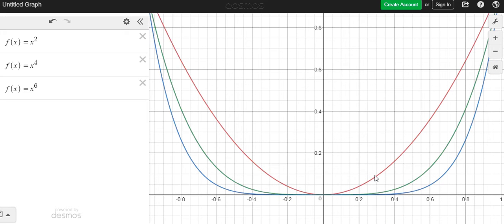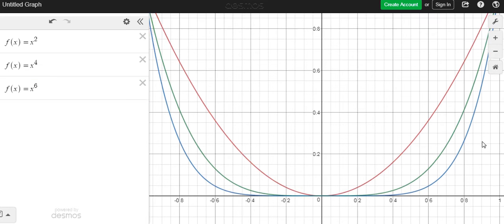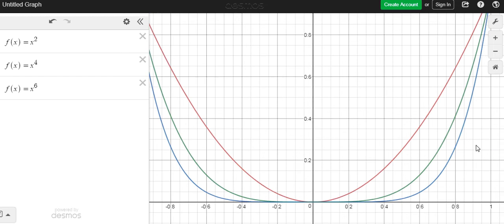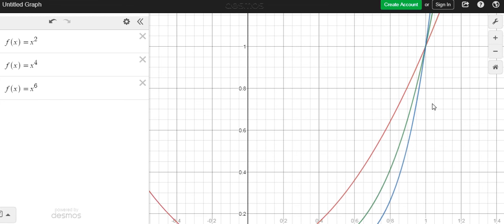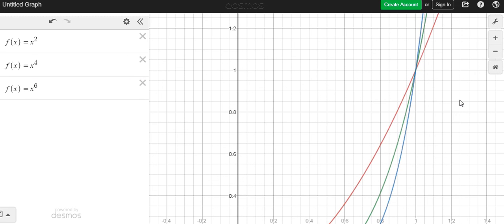Now, remember x squared, right? x squared is actually bigger than x to the 4th, and bigger still than x to the 6th. When does that change? At 1. All three are equal at 1, right? And that makes sense if we think about it, right? Because the more I multiply a fraction that's less than 1 by itself, it gets smaller and smaller.